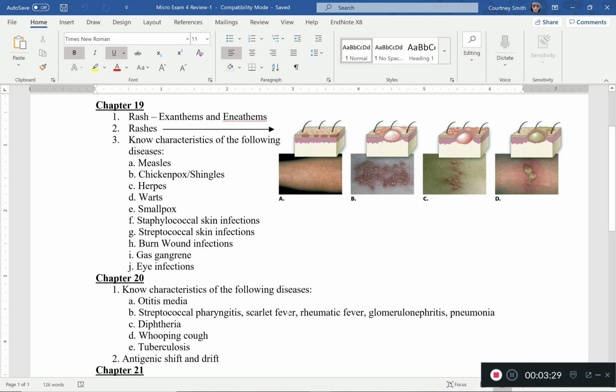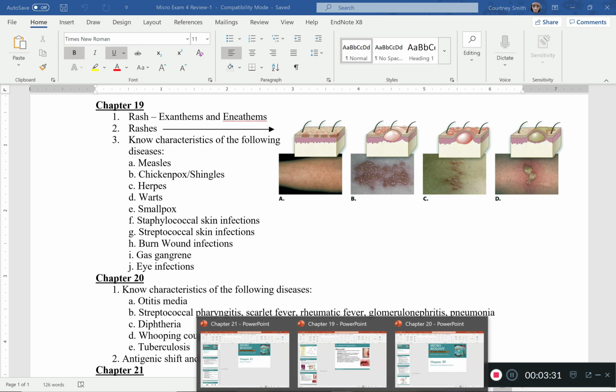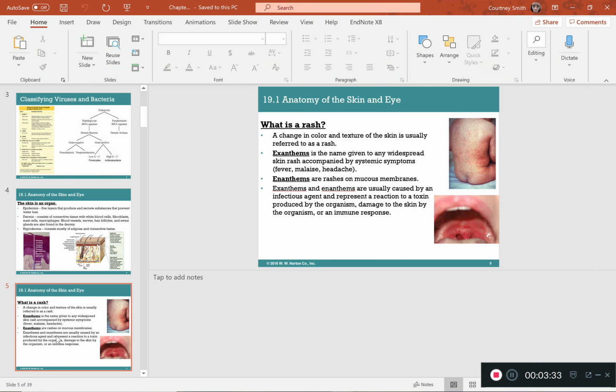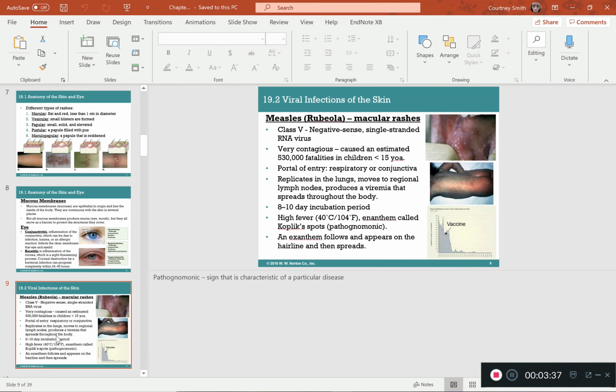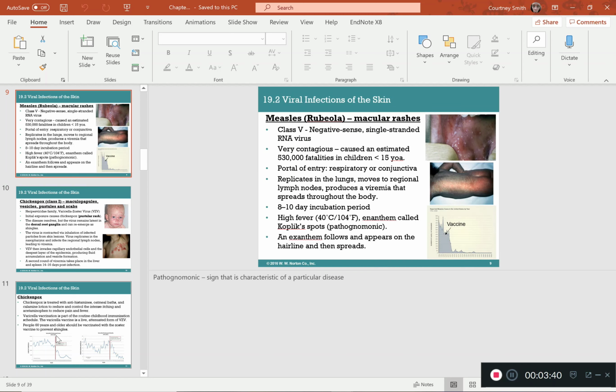Measles, chickenpox, herpes. Measles are also known as rubella, so definitely know the presentation of it. It's generally a very, very contagious infection.